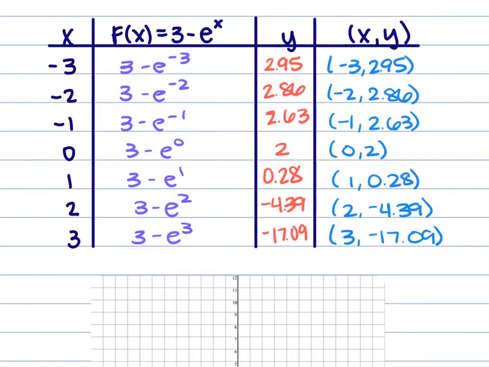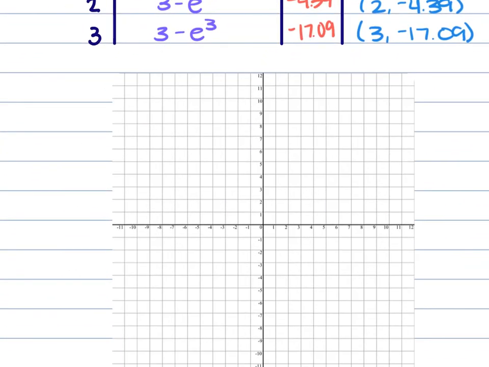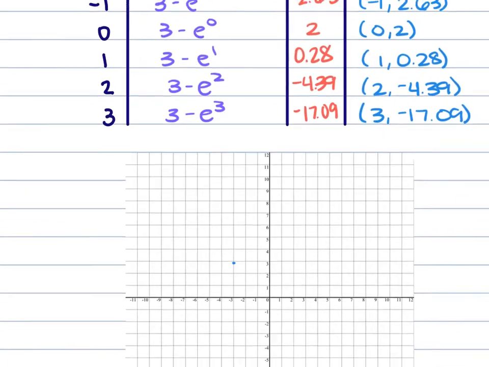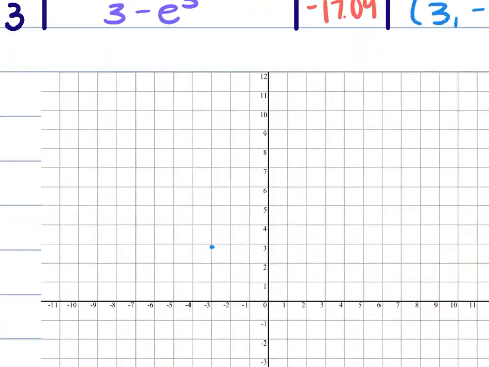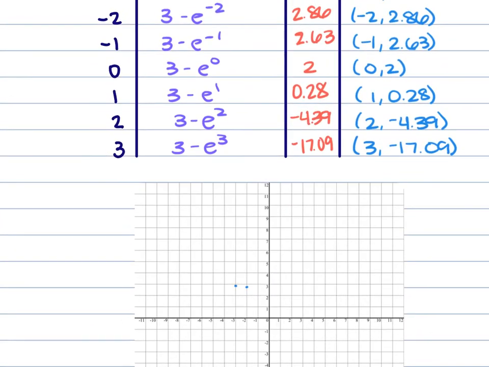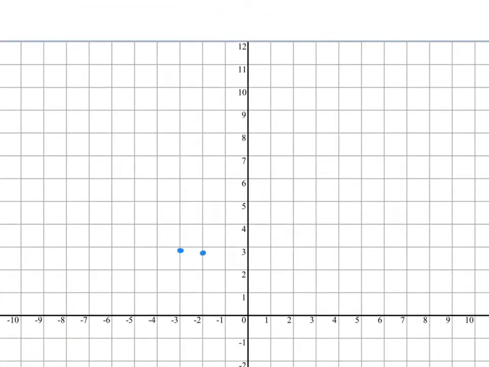So on my coordinate plane, I'm going to start with that negative 3, 2.95, which is going to be about here. Then I have negative 2, 2.86. From there, I'm going to do 2.63 with negative 1 as my x. Then 0, 2.